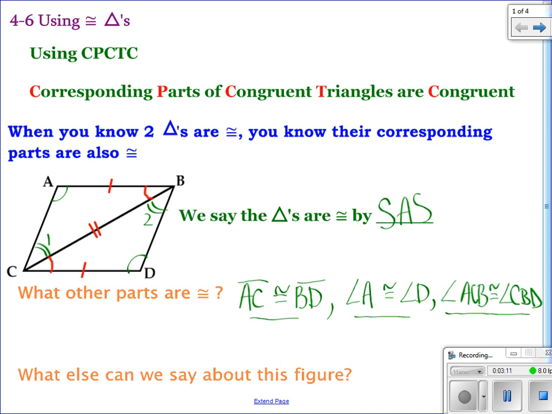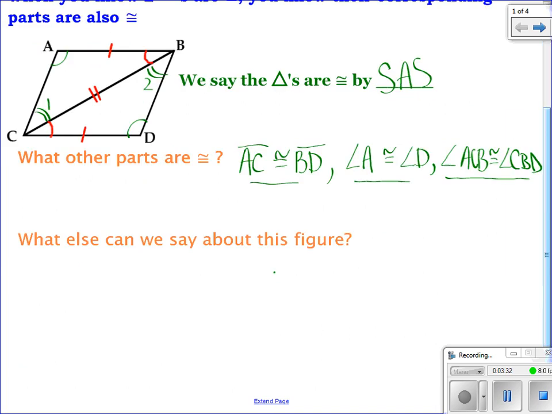Okay, so looking at this figure, what else could we say about it? Thinking about maybe last chapter. We have a bunch of congruent pieces. What else would we know maybe about the lines? Yep, opposite sides are parallel because all those alternate interior angles are congruent. Okay, you might be using one of your if-then sentences.